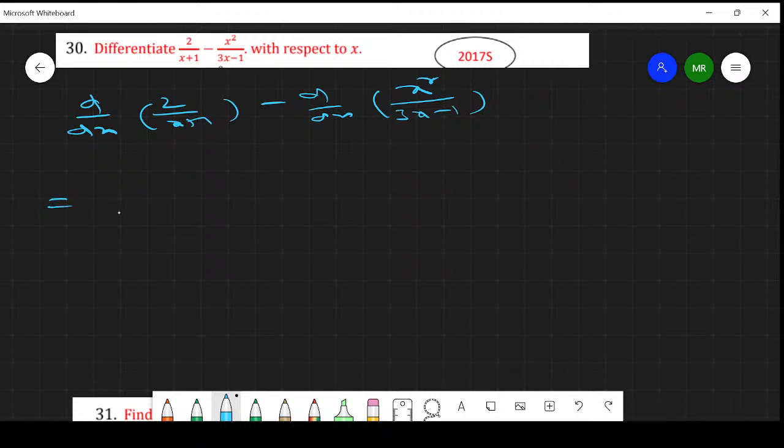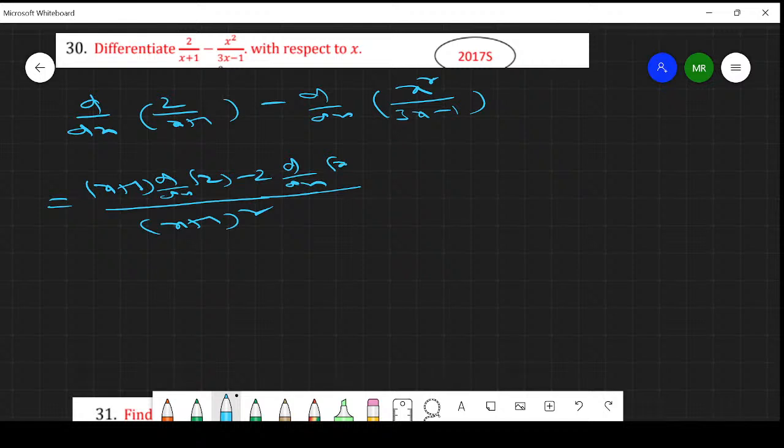If I use the quotient rule here, this will become x plus 1 whole square in the denominator, x plus 1 into derivative of 2, d by dx of 2, minus 2 into d by dx of x plus 1. That is the quotient rule of the first term. Minus this one, again the quotient rule, u by v square, 3x minus 1 whole square.